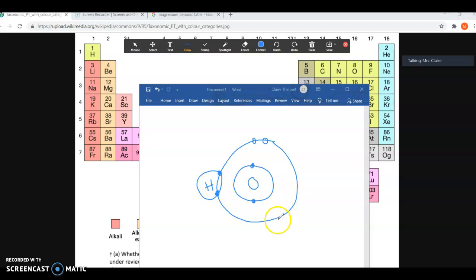Hydrogen, then we have 2 down here, then we have hydrogen right here. Okay, so we see oxygen has 8, so we would have 1, 2, 3, 4, 5, 6, 7, 8. And then that hydrogen has 2, so we see hydrogen right here and hydrogen right here. So this is going to be when they're connected up. So I would just draw this for when you're trying to draw H2O.